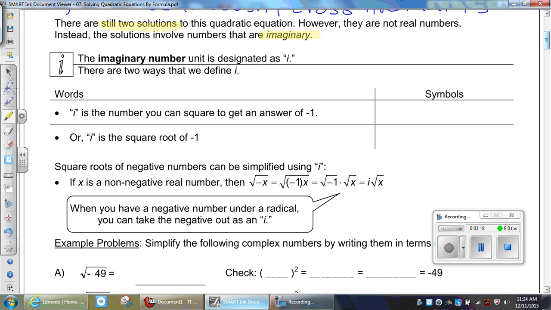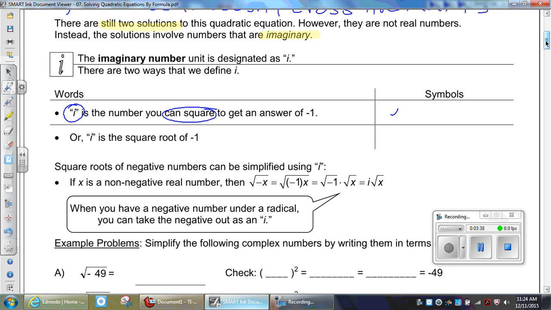Before we start using operations with imaginary numbers, let's define two things. We're going to define two units, and one of them will be i. i is the number that you can square.